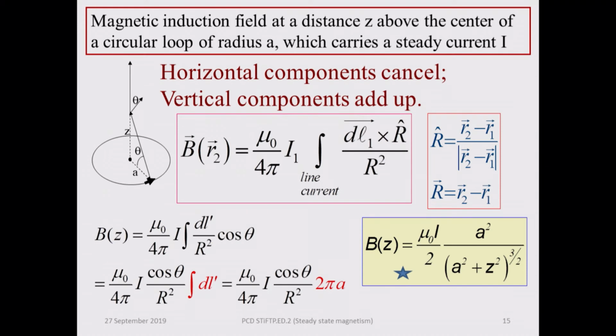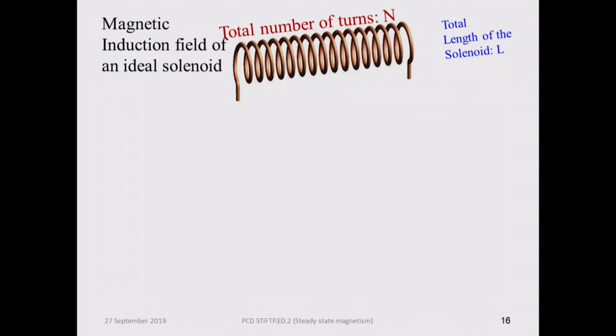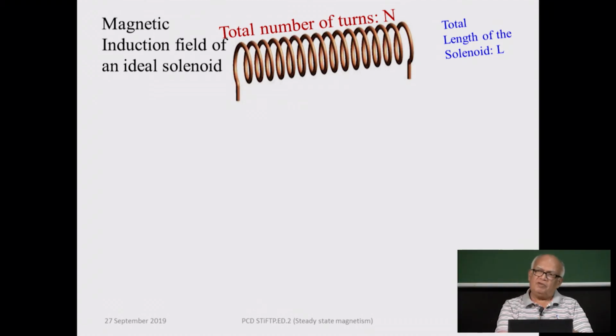So, I put an asterisk on this equation because I will refer to this equation again very soon, because I will use it to determine the magnetic field of a solenoid. Now, a solenoid can be thought of as many of these circles packed together, okay, and we already have the result in the equation which I refer to with the asterisk.